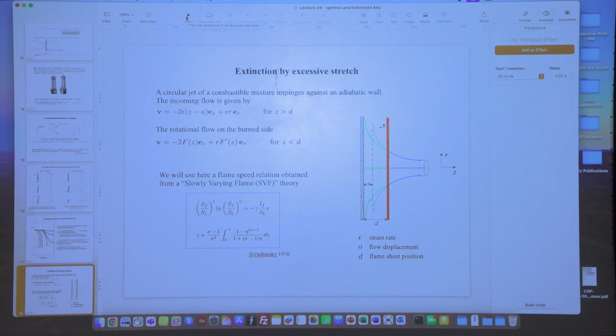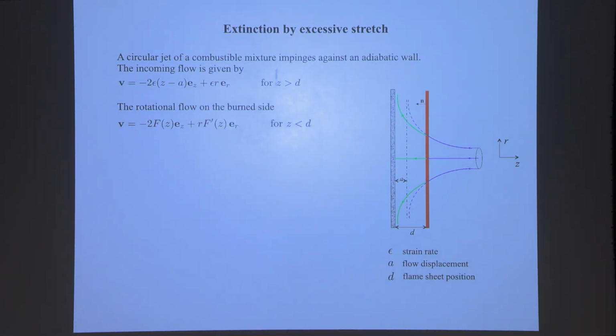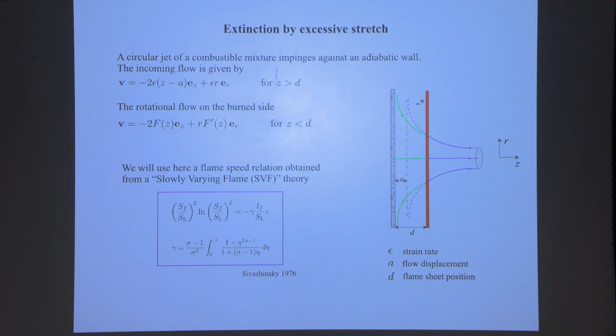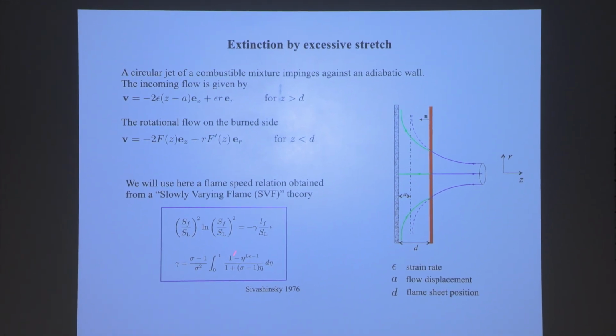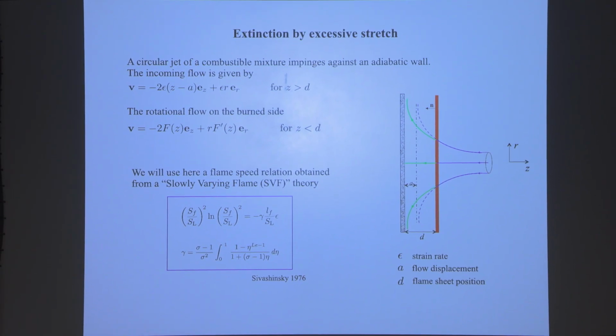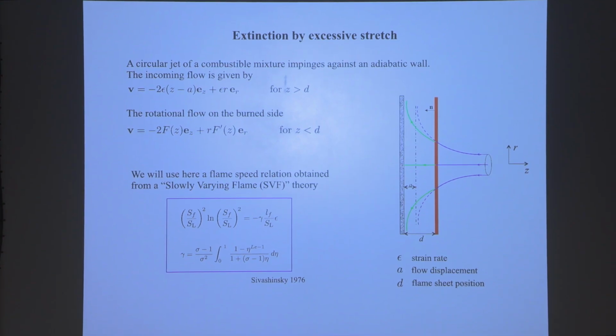So there is nothing special. It's a parameter that is like a Markstein length, if you like, but it comes from this analysis. In fact, gamma is positive for Lewis number bigger than 1 and negative for Lewis number less than 1. It's a definite integral, can be evaluated.